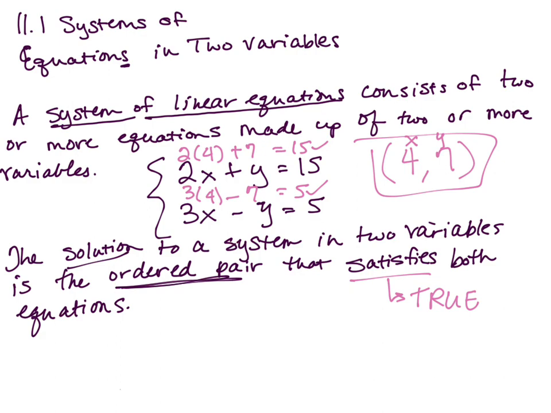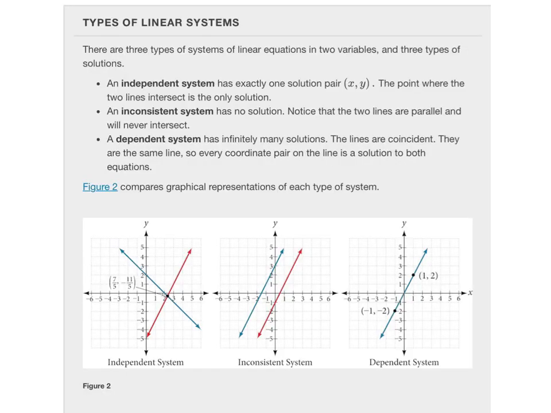Okay. So what I want you to do right now is consider the following picture. There are types of linear systems. Sometimes you get exactly one solution, in which case the system is called an independent system.